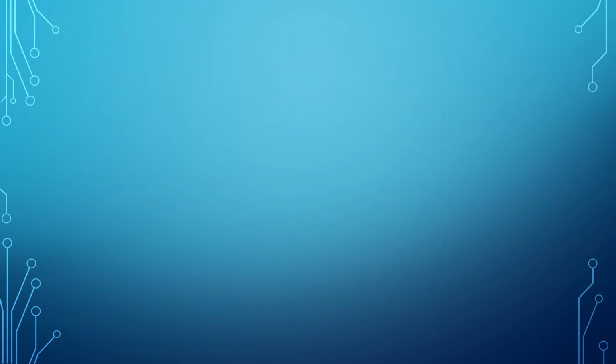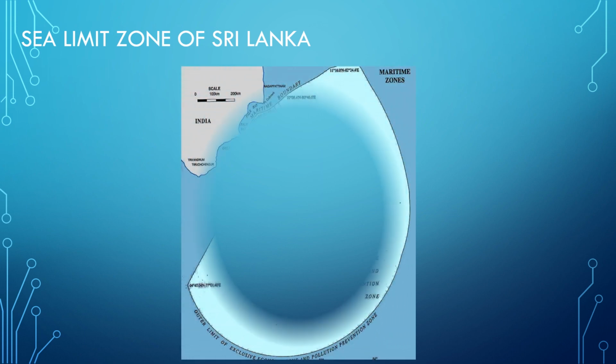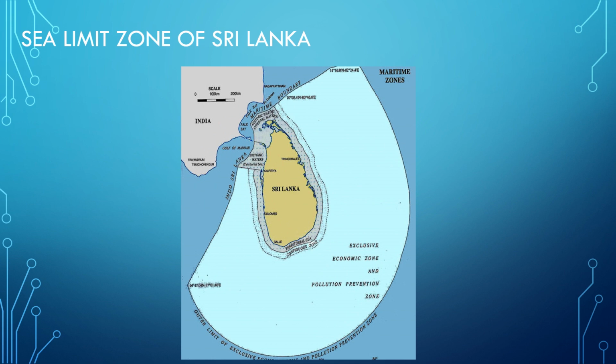When we are studying the geographical identity of Sri Lanka, it is important to know about the sea limit zone of Sri Lanka. As Sri Lanka is an island in the Indian Ocean, it has a large sea area.